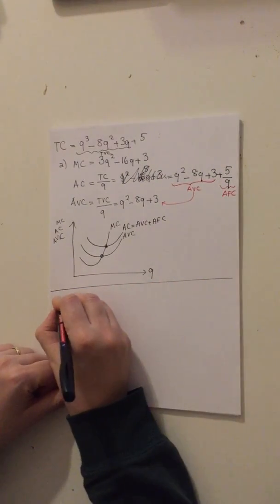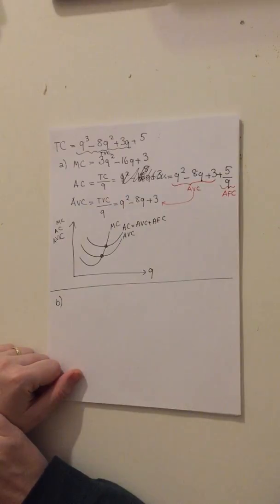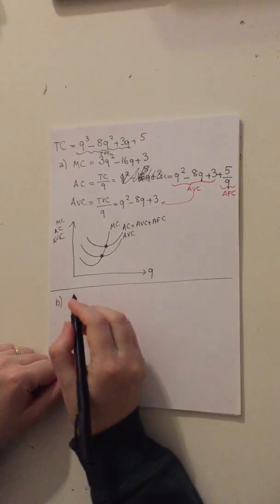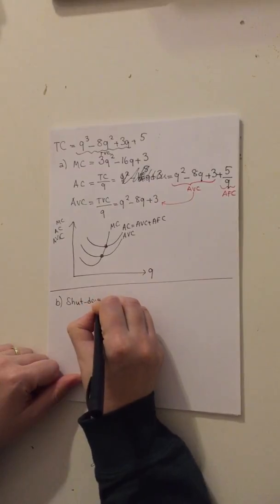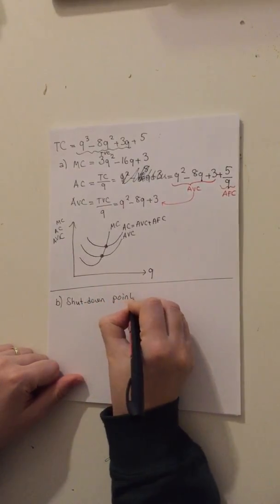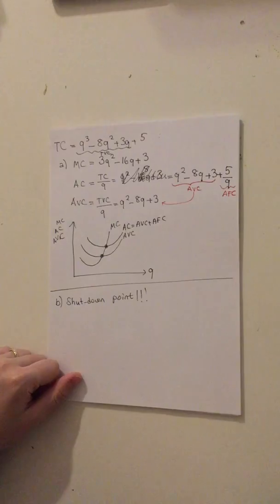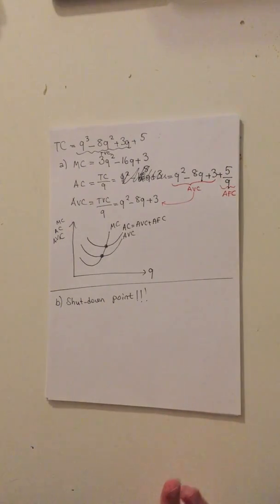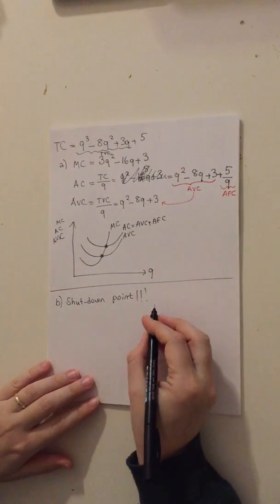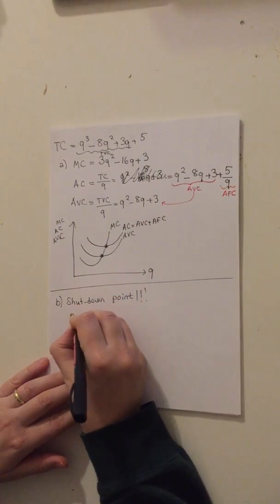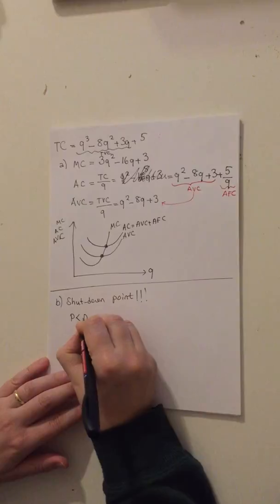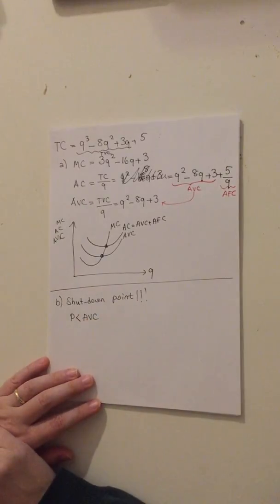Let's come to question B. At what range of prices will the firm supply zero output? It's asking about the shutdown condition, the shutdown point. Please remember the shutdown condition. The firm will shut down if the price is less than the average variable cost.